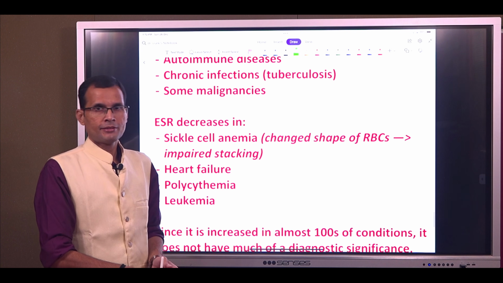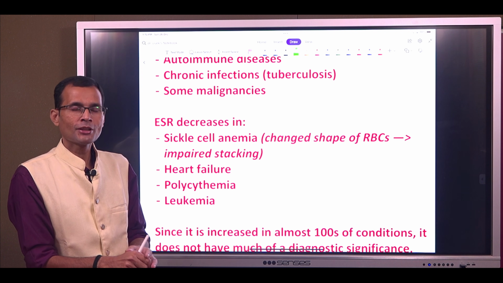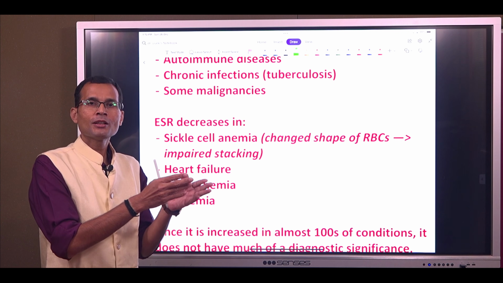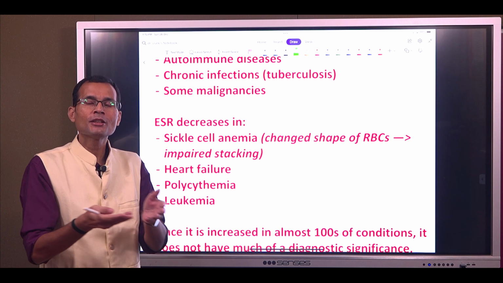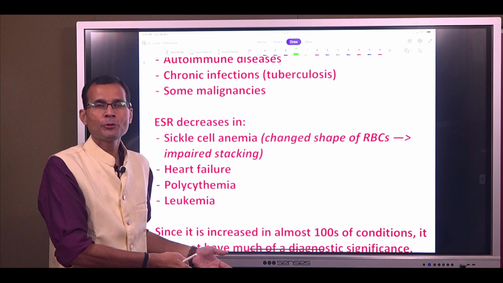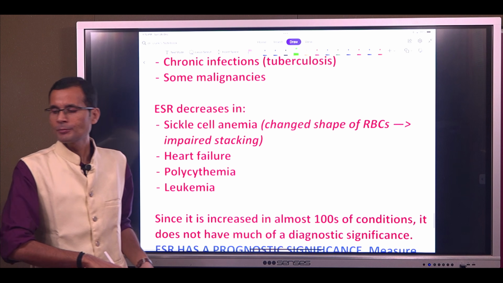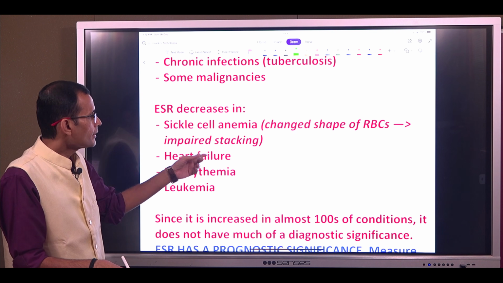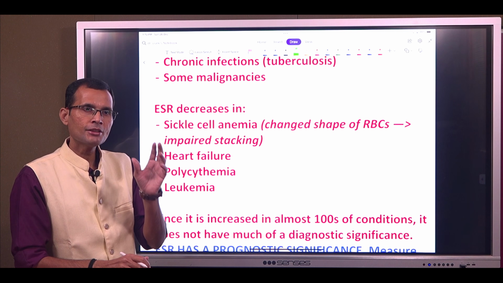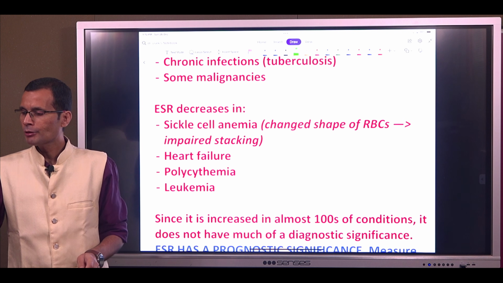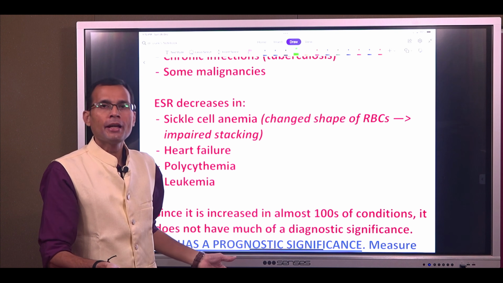ESR decreases. Now, that's not very clinically significant, because we have said ESR is 0 to 9 millimeters, so how significant would a decrease be? But anyway, it can still decrease in certain conditions such as sickle cell anemia, because there is sickling of the RBCs, the RBC shape has changed, and therefore the stacking of RBCs is impaired.